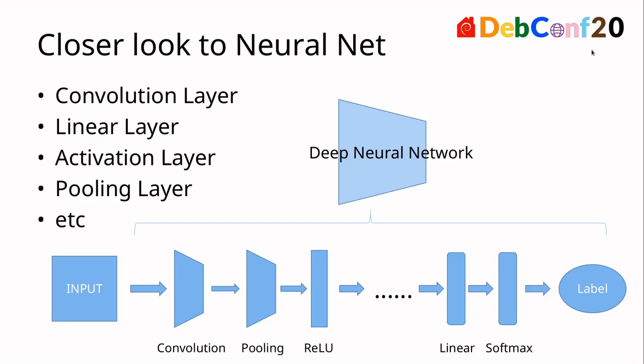Now let's take a closer look at the internals of neural networks. A basic deep neural network can be decomposed into a series of network layers organized in a sequential pipeline where the output of the previous layer is used as the input of the next layer.